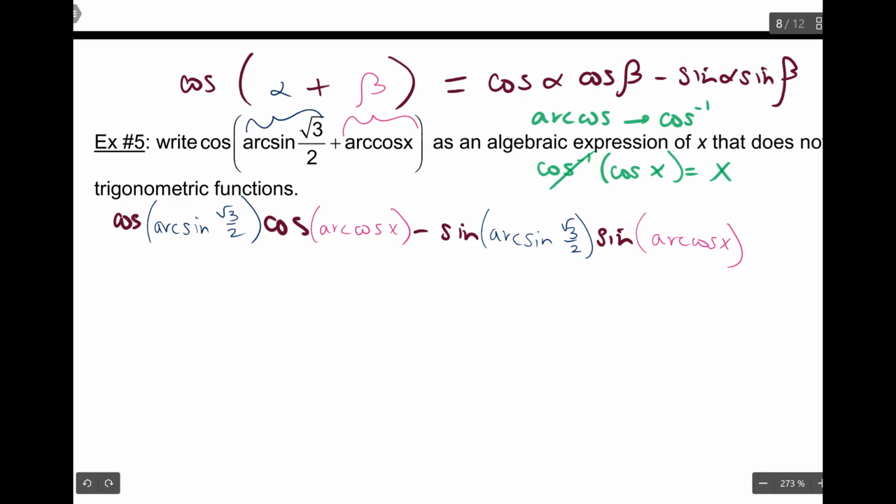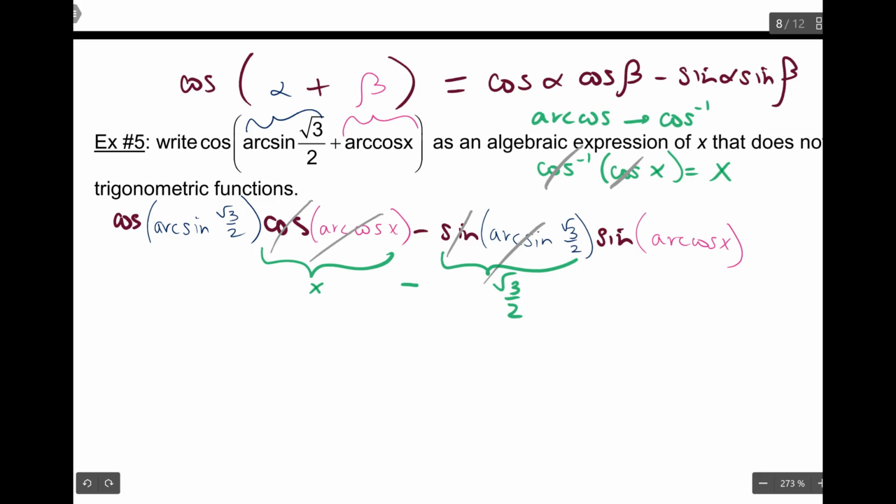They will literally cancel each other out. So arc cosine cancels, and arc sine cancels each other out. So this term goes to x, minus this term goes to square root of 3 over 2.